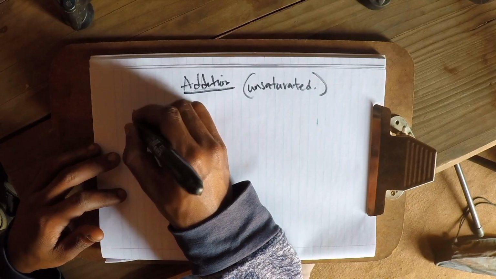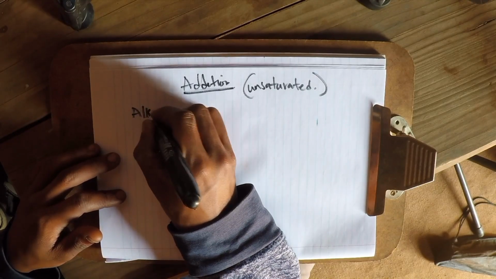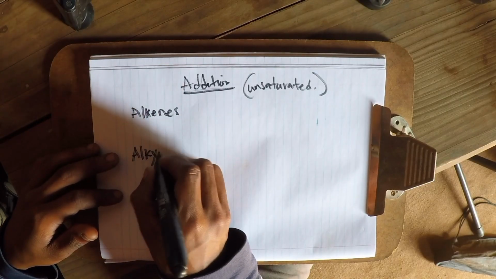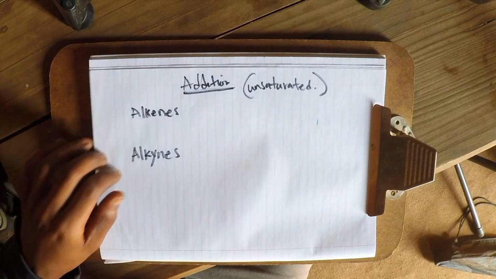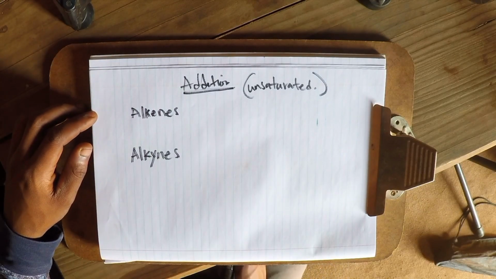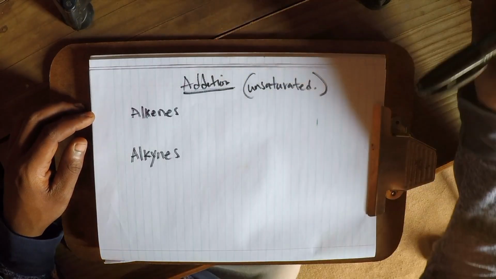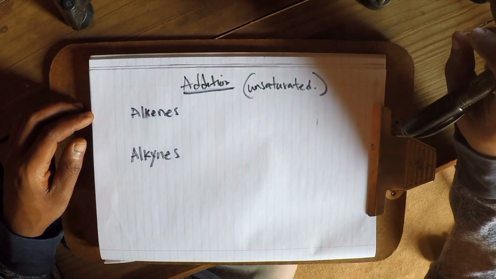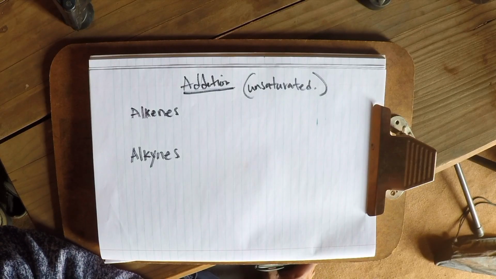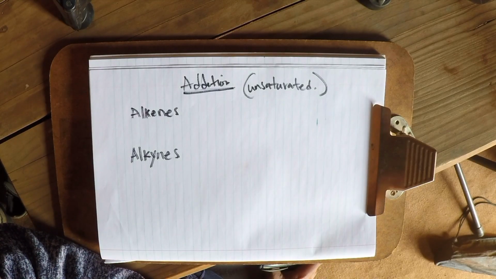So it has to be alkenes and alkynes, because these are the only ones that are unsaturated. So the only reactions that are called addition reactions are the ones happening from the alkenes or the alkynes, right?